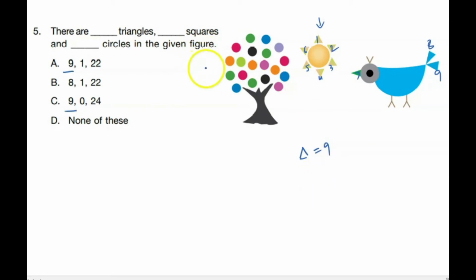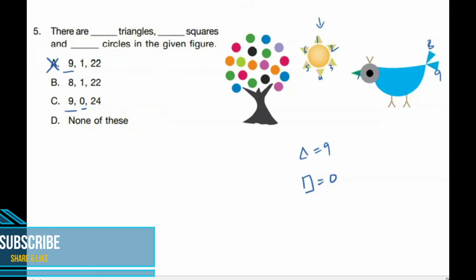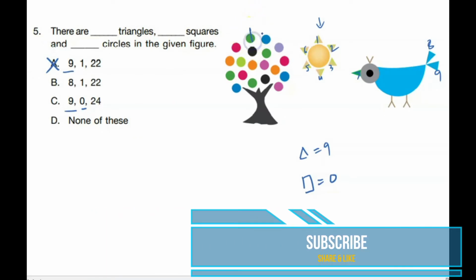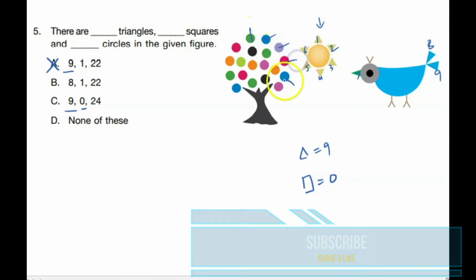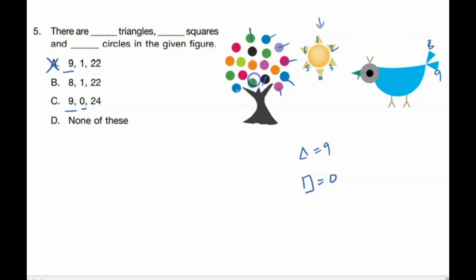Next is squares. Can you see a square anywhere? I don't see one. So I think there are no squares, 0 squares. That means option C, not A. Now, circles. Let's count circles. 1, 2, 3, up to 19, 20, 21, 22.